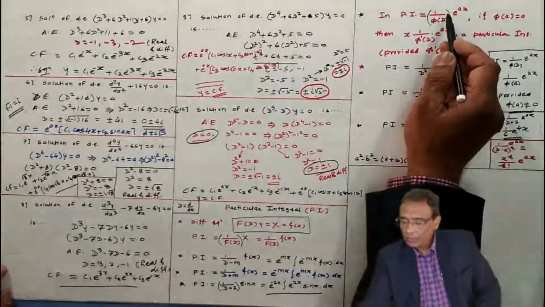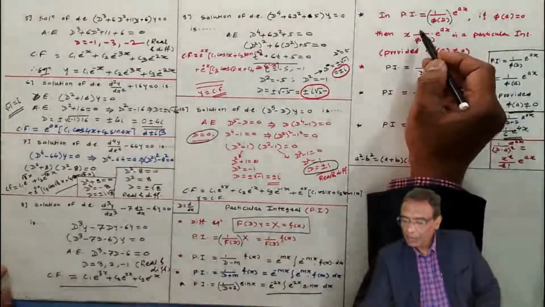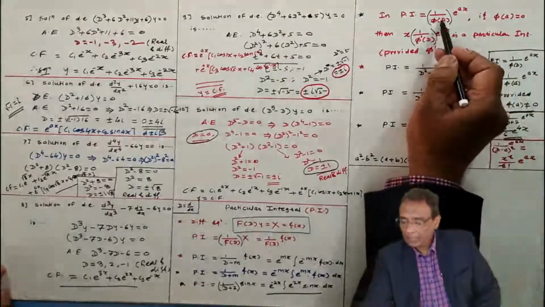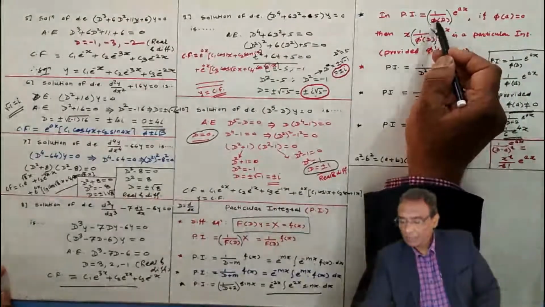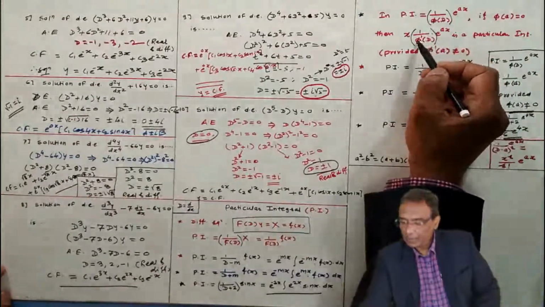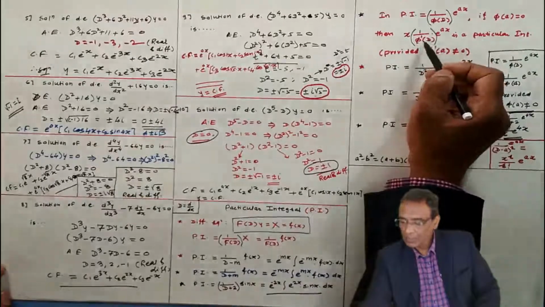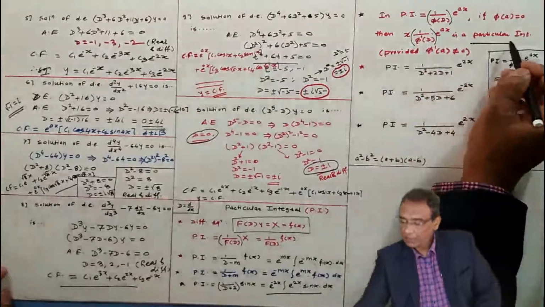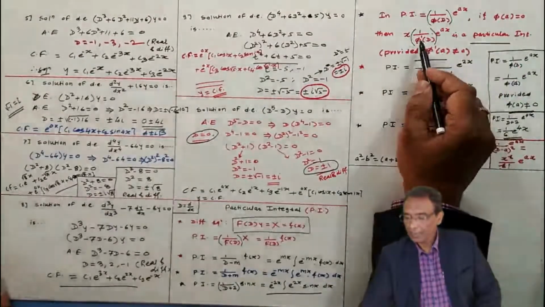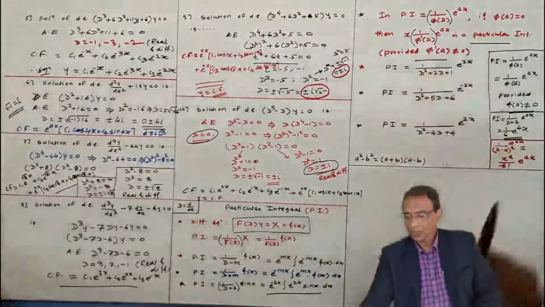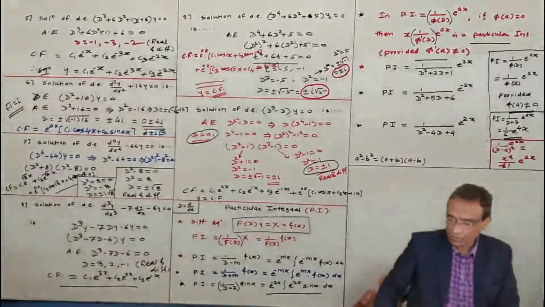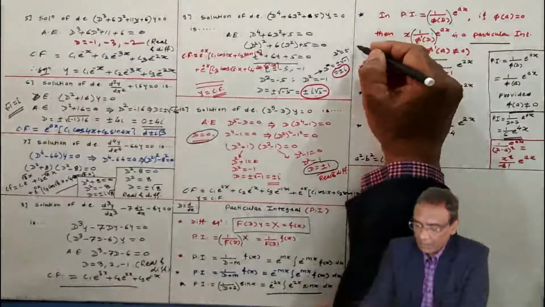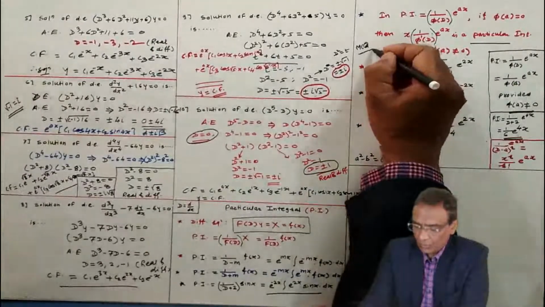Write down x outside of the operator, and take the derivative of the denominator separately. Phi dash means derivative of this with respect to D, and e to the power ax as it is. Okay, that is the particular integral, provided phi dash of a is not 0. Phi dash of a is not 0. Right? Okay, this may be asked as one of the MCQs.